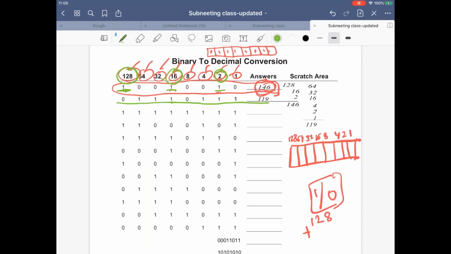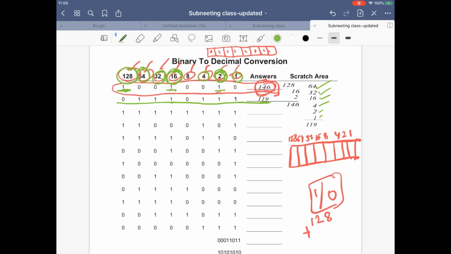If you count 64 plus 32, then 16 plus 4 plus 2 plus 1, you will get 119.